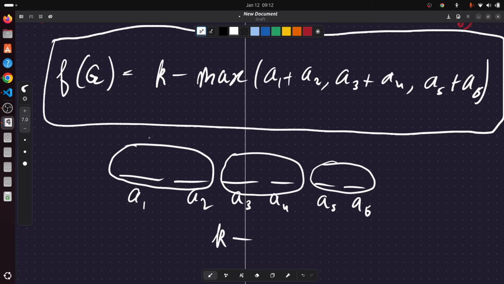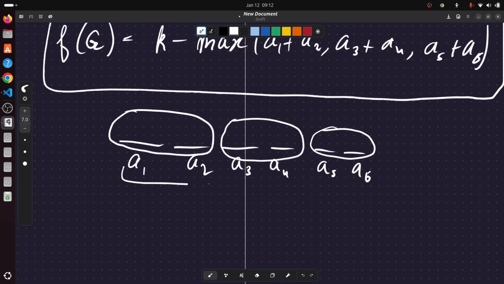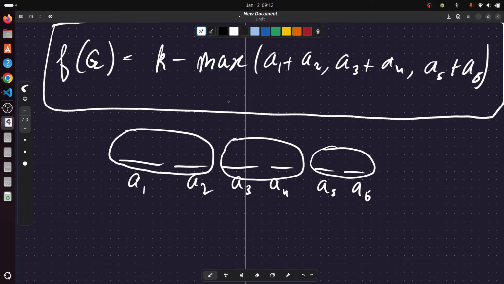So k minus the maximum of these three, right? So essentially I have only 3 numbers. Do you see? Even though I have 6 independent numbers, a1 to a6, what I am concerned with is only 3 numbers: a1 plus a2, a3 plus a4 and a5 plus a6.